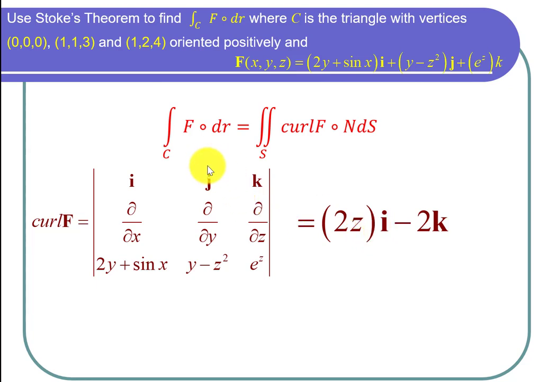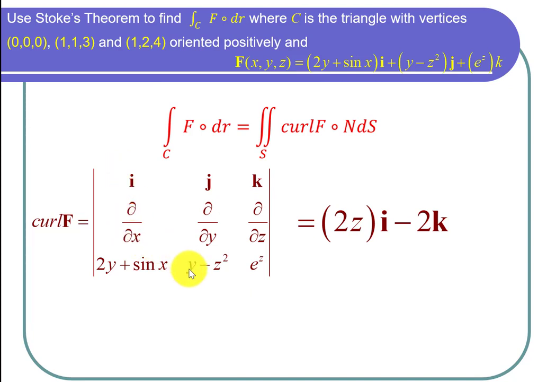For the j component, I get rid of its row and column, and I take del over del x of e to the z. There's no x, so that's 0. Minus del over del z of 2y plus sine of x. There's no z in 2y plus sine of x, so that's just 0. So we get 0j, I don't even bother writing it. For the k component, I get rid of its row and column.